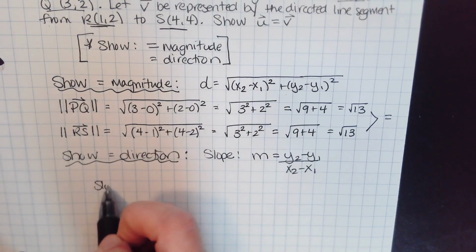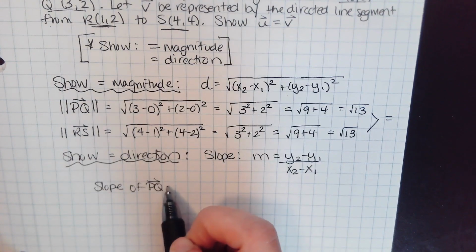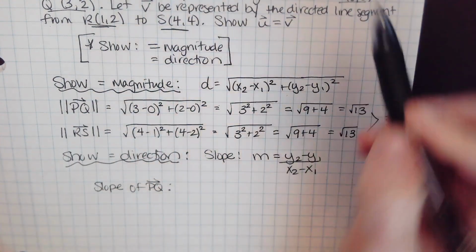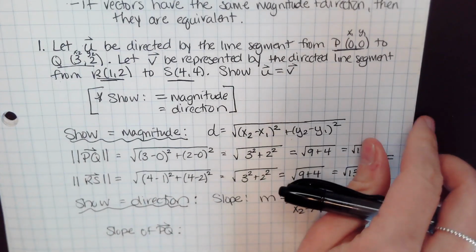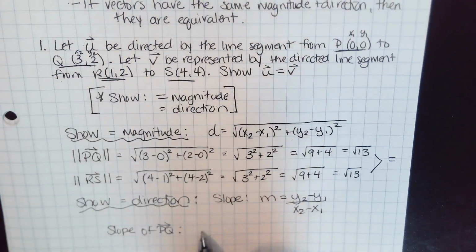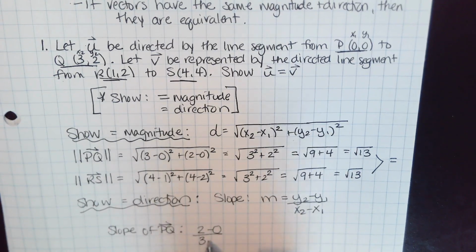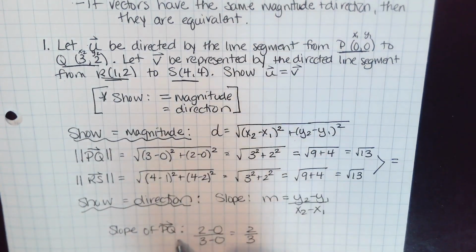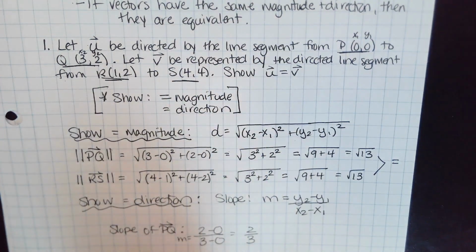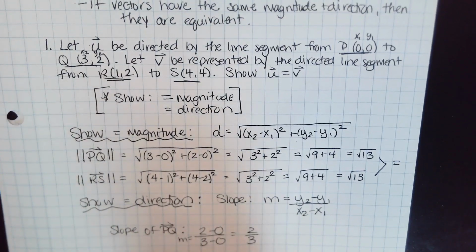All right, so now we'll find the slope of PQ. So again, I'm looking at point P and point Q. So I'm going to do 2 minus 0 over 3 minus 0, which just gives me 2/3. And then we'll find the slope of vector RS.